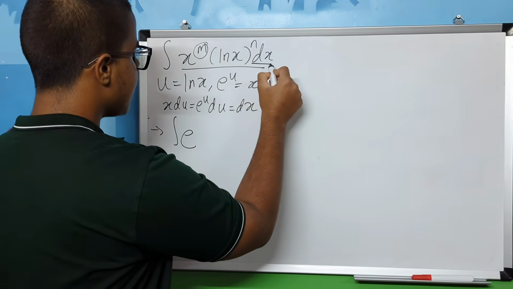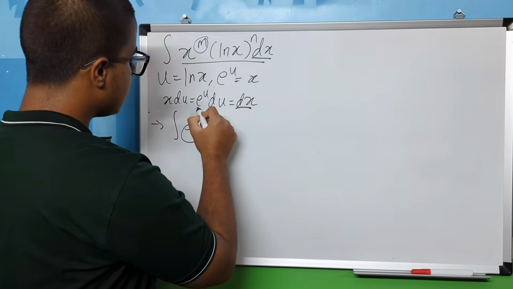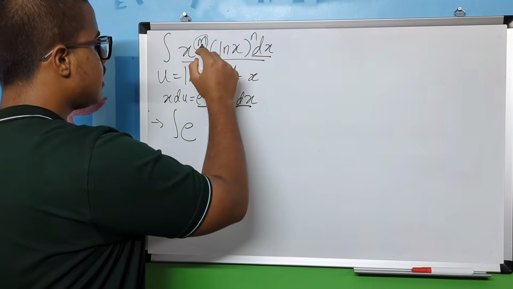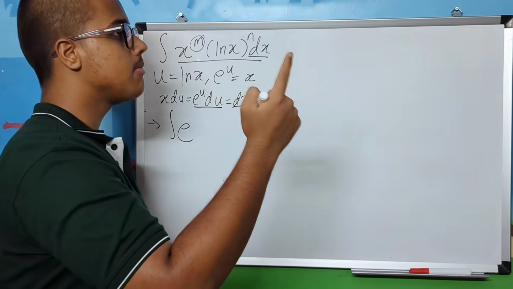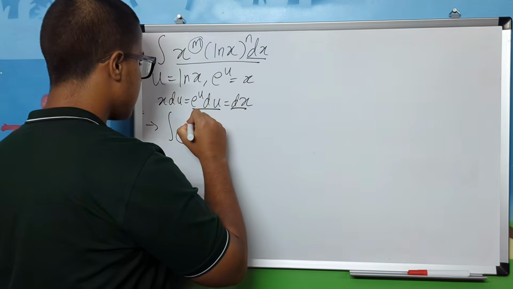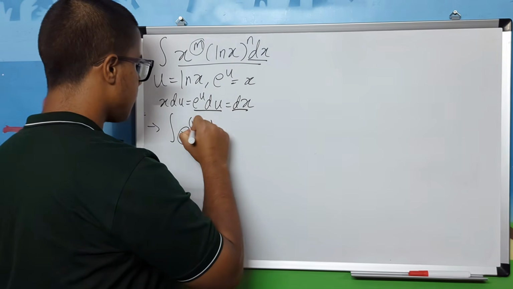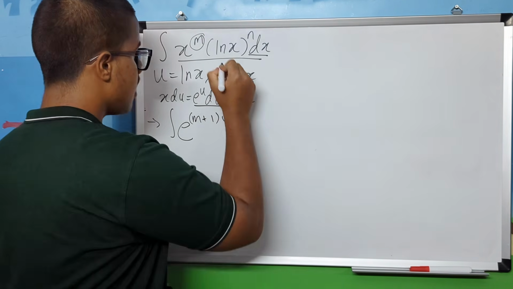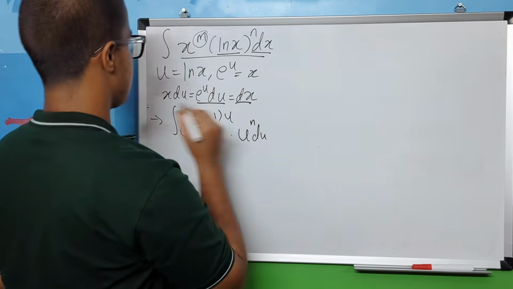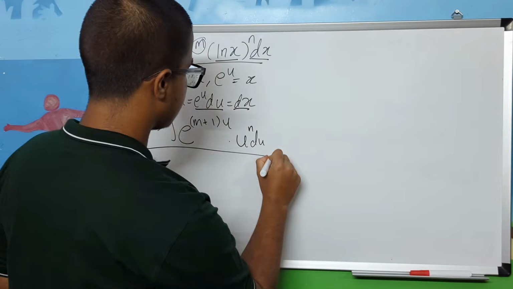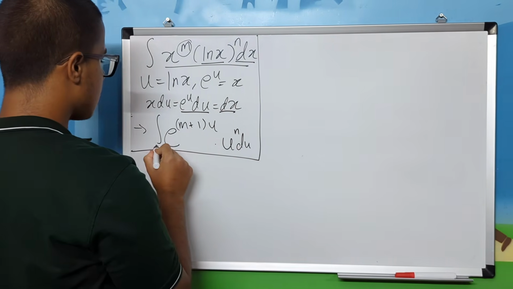Since we have dx as well, and dx is equal to e to the u du, this e to the mu and e to the u multiply, so the exponents get added. In the end we'll get e to the (m plus 1)u, and then we'll get u to the n du. So this is going to be our main integral that we need to solve.